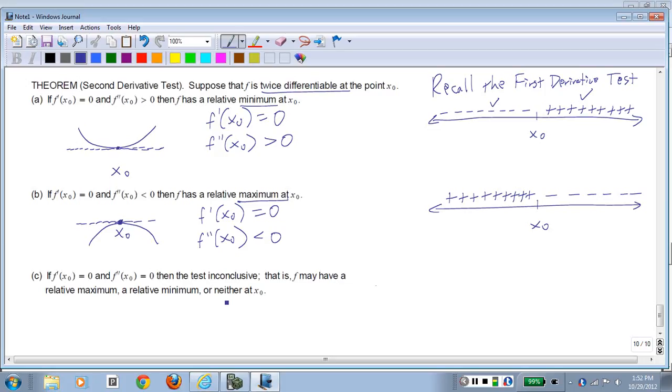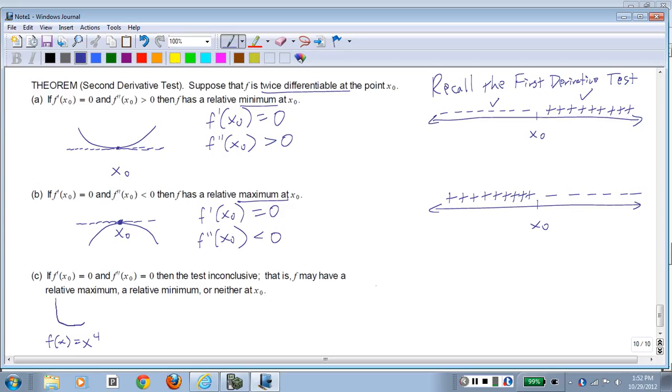The other thing is this. Suppose f prime is equal to 0, so that there's a horizontal tangent line, but f double prime is also equal to 0. That can happen. We cannot conclude that it doesn't have a relative extremum, because there are examples where it does. f of x equals x to the 4th power.